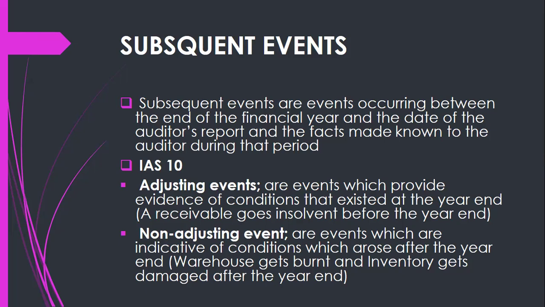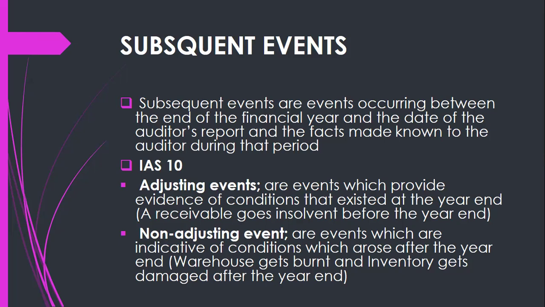Then in that moment, since that event has happened after the year end, we've already counted the inventory. We don't really need to adjust the inventory figure in the statement of financial position. All we need to do is put in place a note in the financial statements, which states that such and such an amount of inventory was destroyed after the year end. So these are adjusting and non-adjusting events.